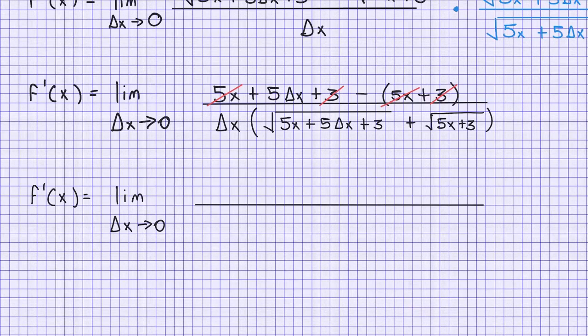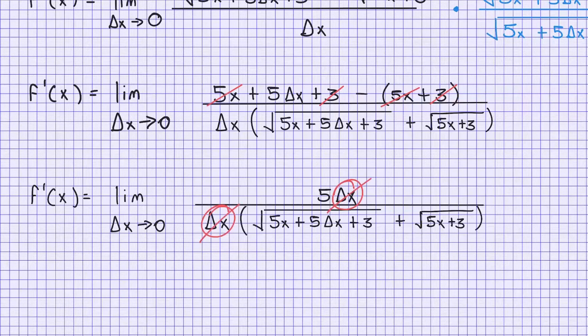In the numerator, we just have left 5 delta x. And in the denominator, we have exactly the same thing. But now we can cancel delta x. See, it is being divided by itself, so any number divided by itself can be simplified to 1.